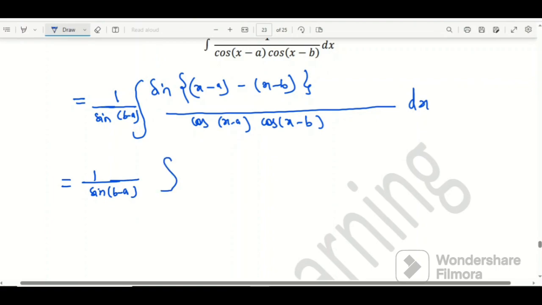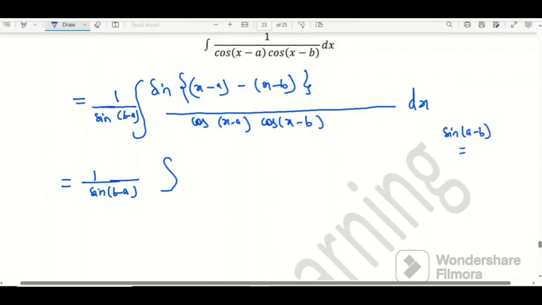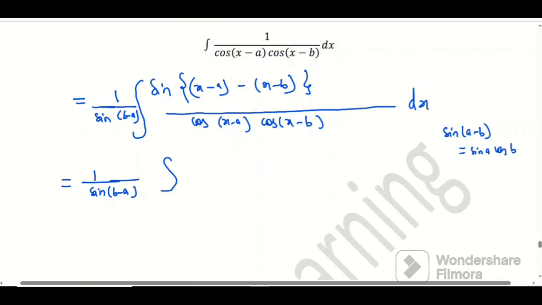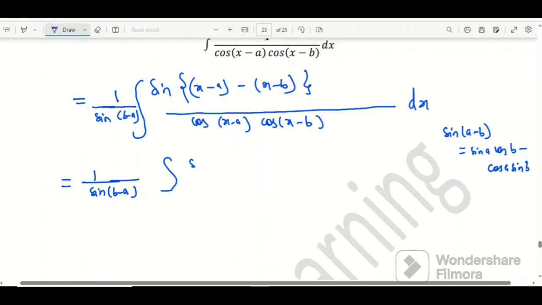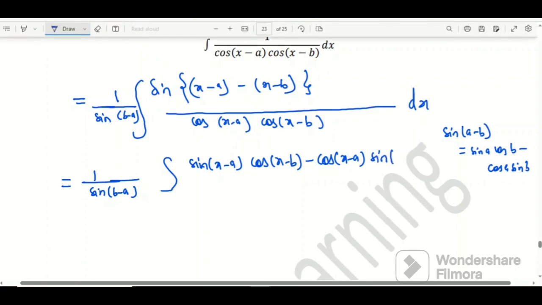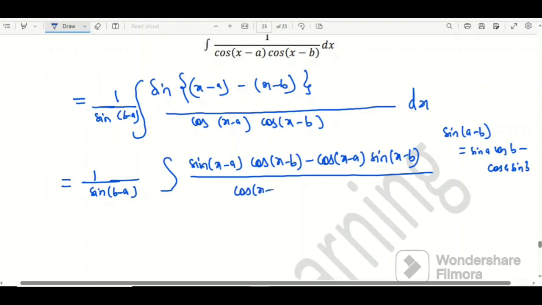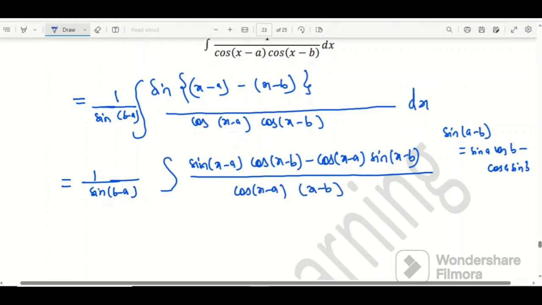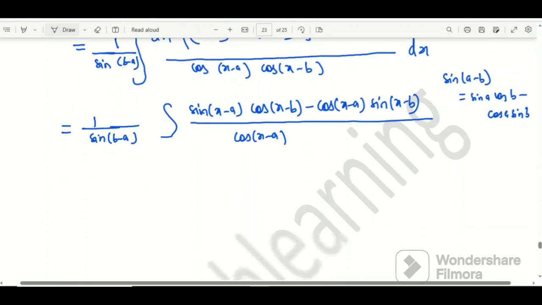This expression is in the form of sine a minus b equal to sine a into cos b minus cos a into sine b. So I'll write sine a into cos b minus cos a into sine b dx, equal to 1 by sine b minus a.